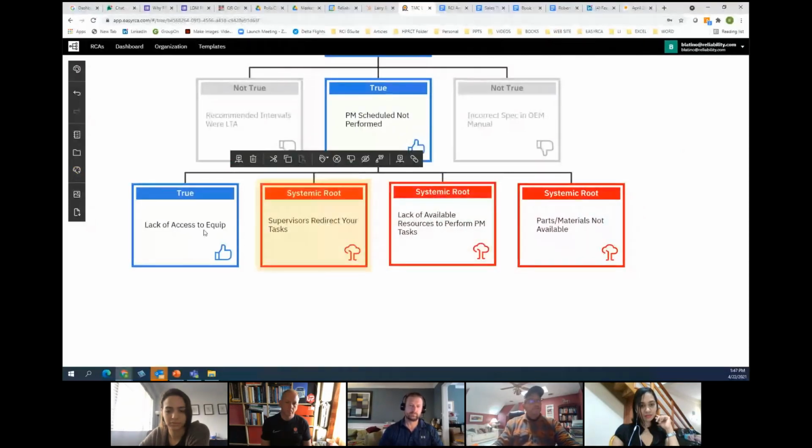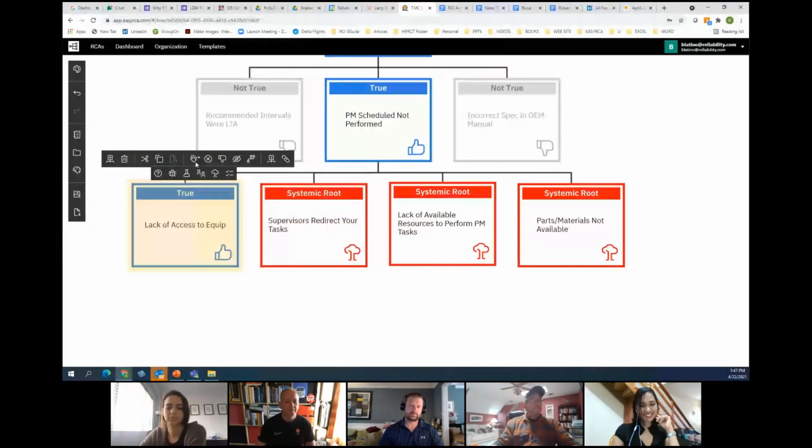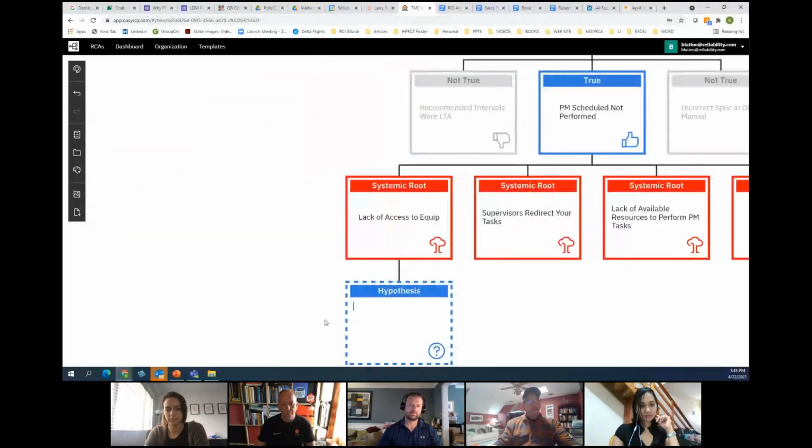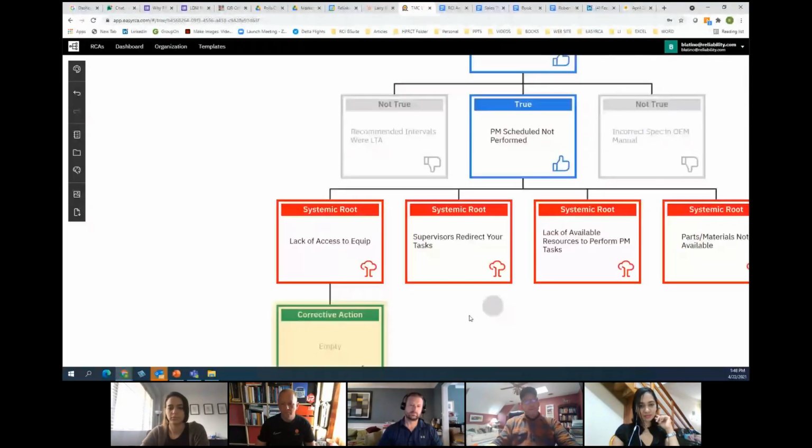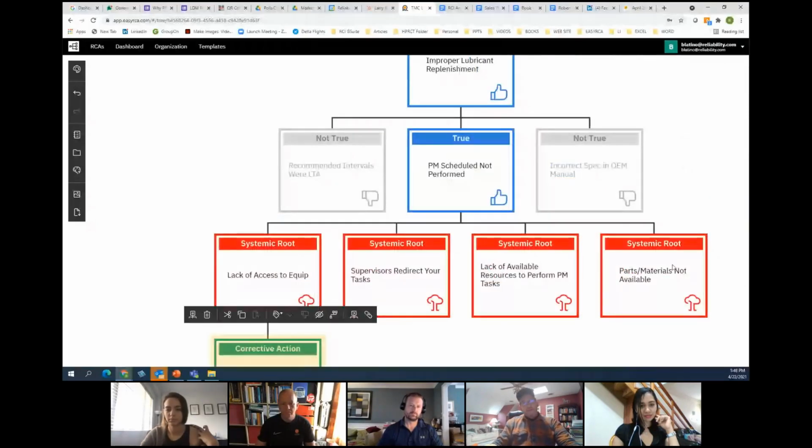Think of this like a Christmas tree. I'm just putting some fancy balls on the tree. And I could also now come in here, because we've got to do something about this stuff, and put in a corrective action. Now, systems related stuff influences people's decisions.